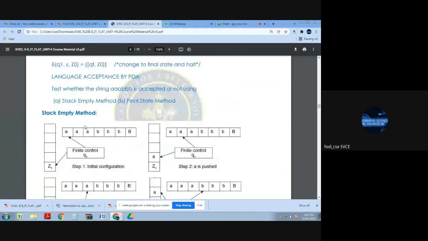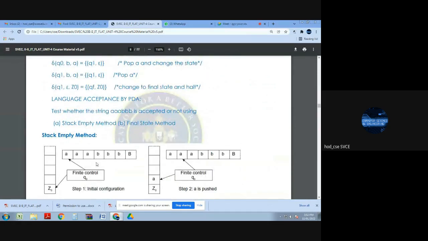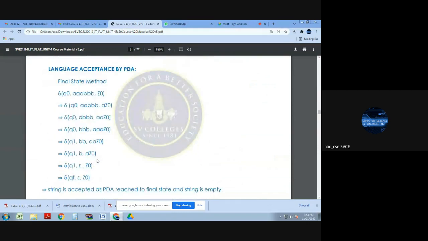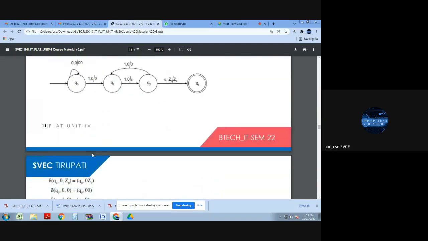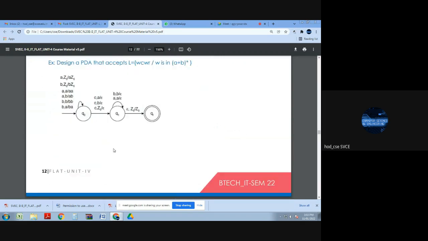So in the transition diagram, transition function, stack empty method, final state method, and design of PDAs, this is what we had studied in this class.